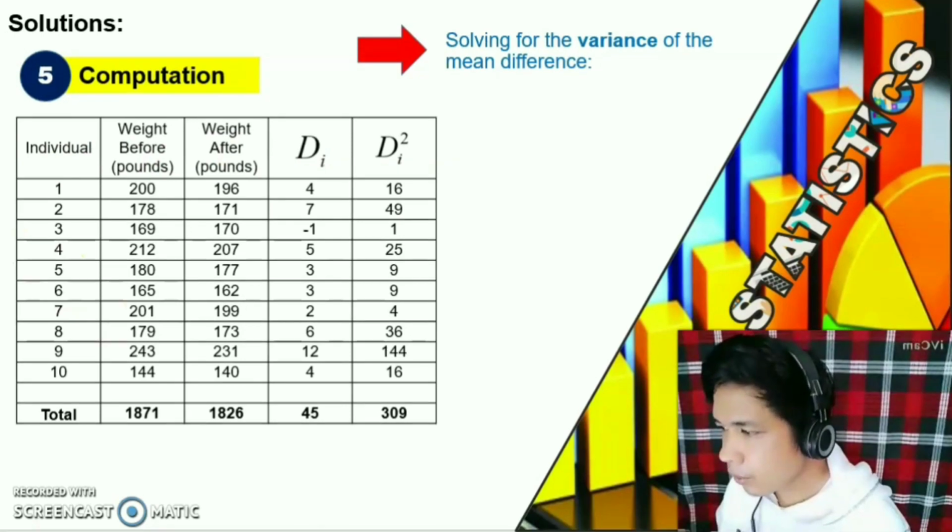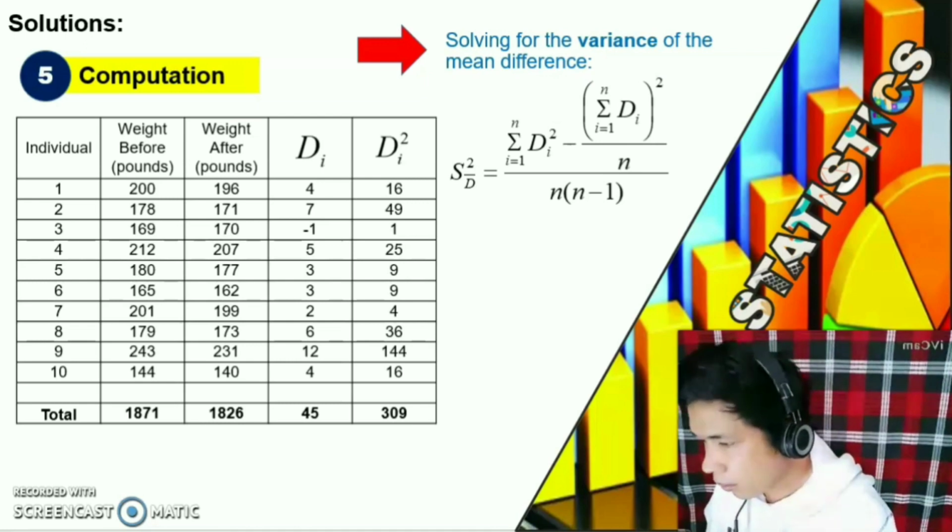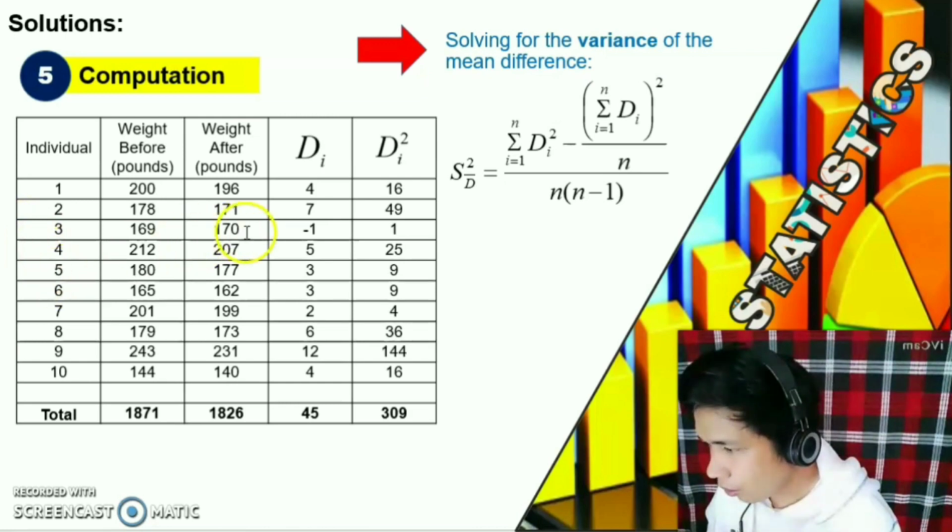Now we are going to solve for the variance of the mean difference. We will use the formula. The variance of the mean difference is equal to the summation of the square of the difference of the observations from weight before versus weight after, minus the square of the summation of the difference of the values observed from weight before to weight after over n, all over n times n minus 1.